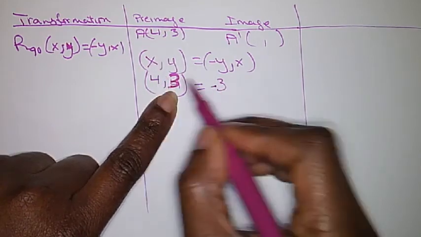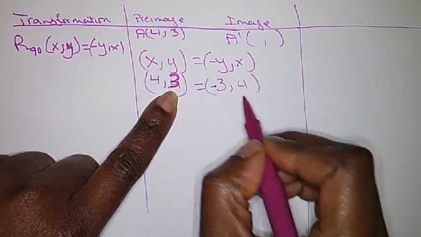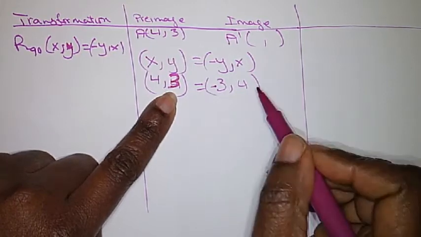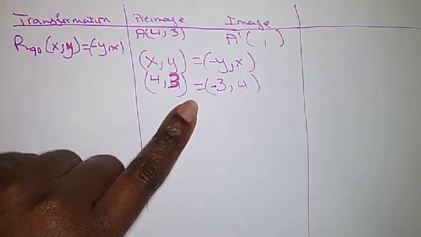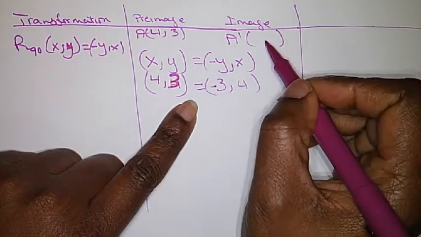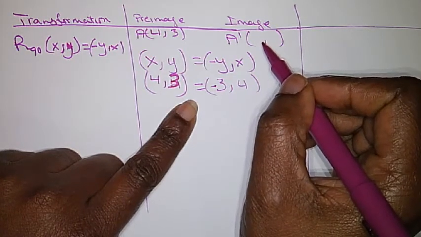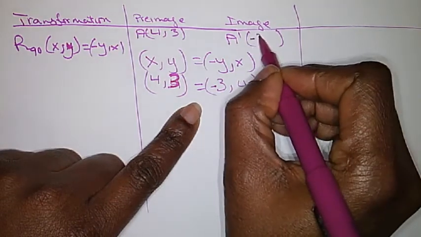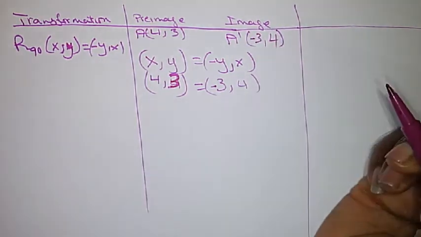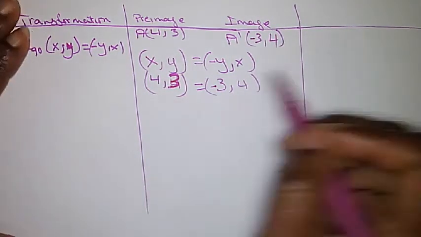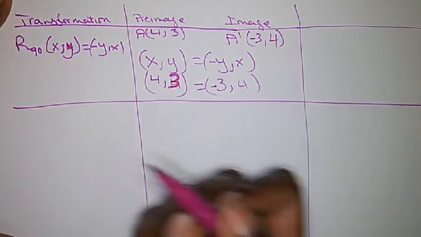Then my x value is 4. So my image of 4, 3 under the 90-degree rotation is negative 3, 4. Okay, that's the first example.